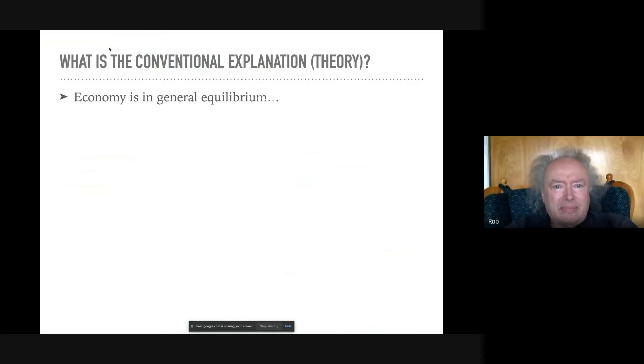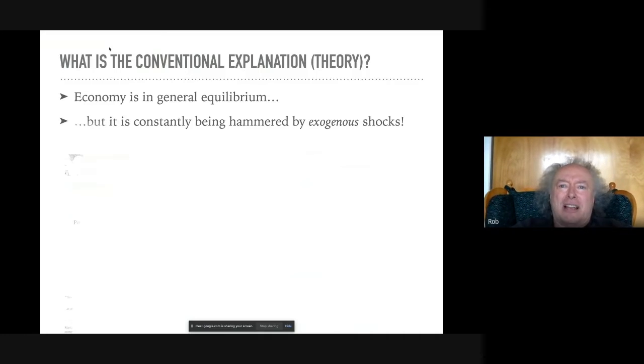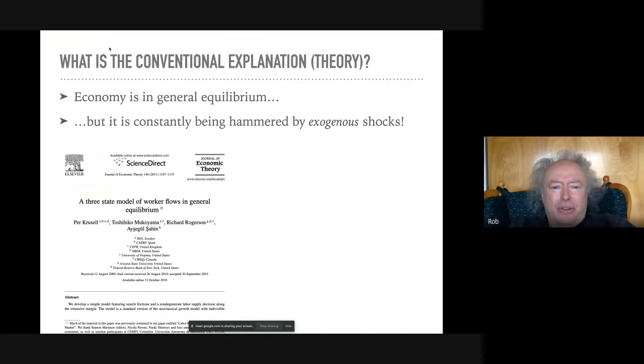Anyways, there is a conventional explanation of these large-scale fluxes and flows. That is to say that the economy is in equilibrium, but it keeps getting hammered by shocks, right? It keeps getting pummeled by exogenous shocks to oil prices or whatever it is. So there are conventional theories.